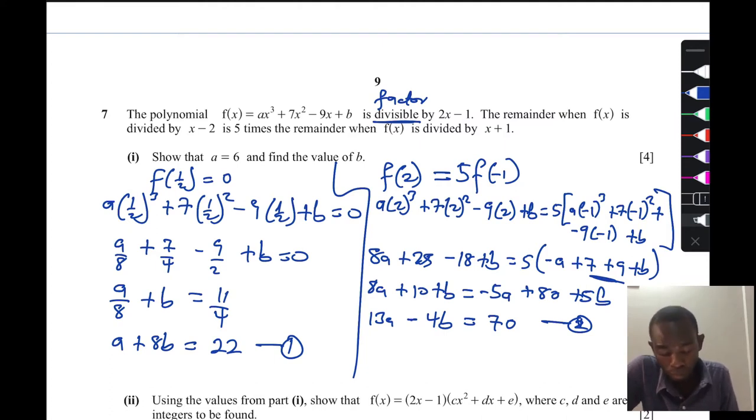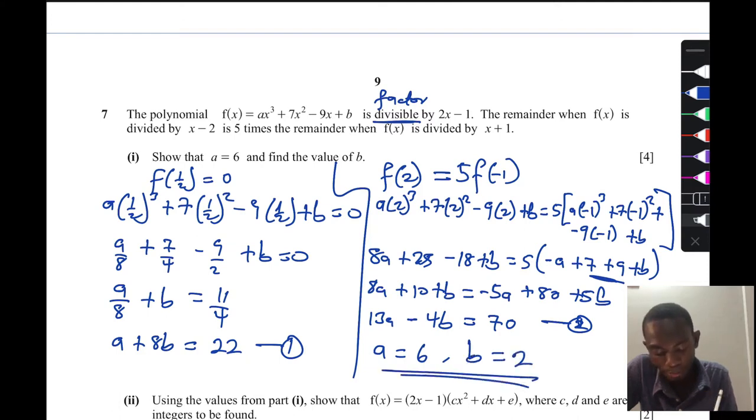Good. There's no space, so I'm going to just use the calculator to solve these two simultaneously. You get a to be 6, and then b is 2.